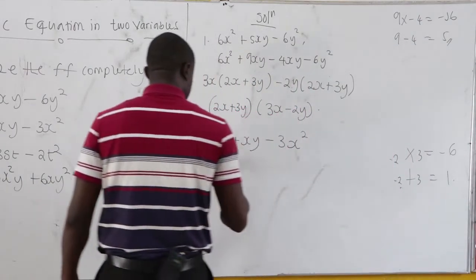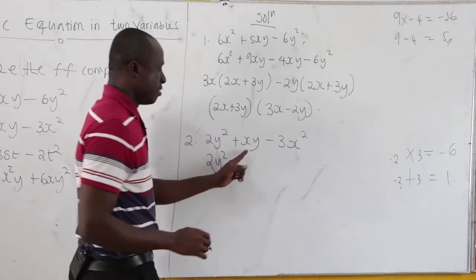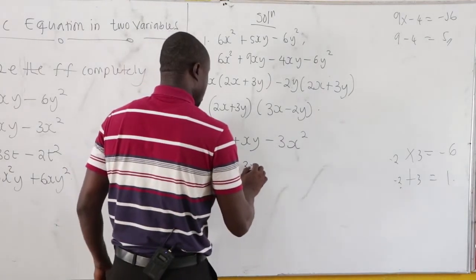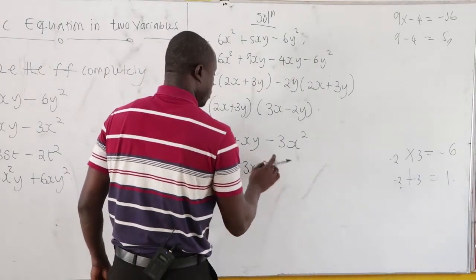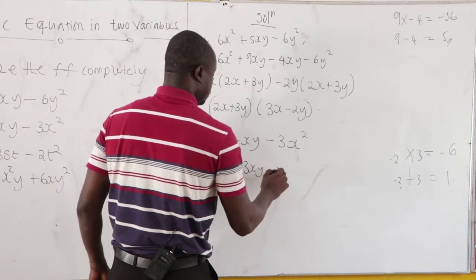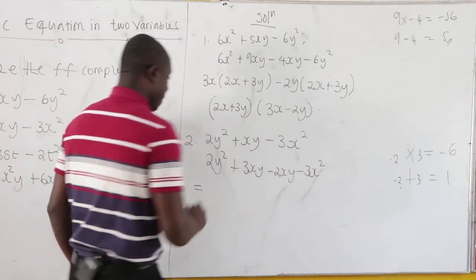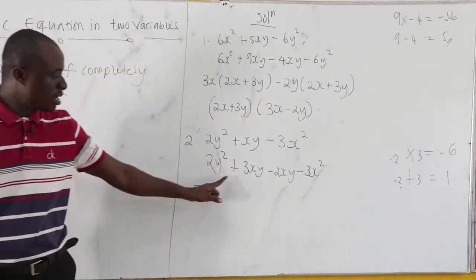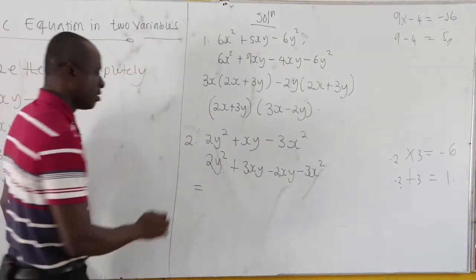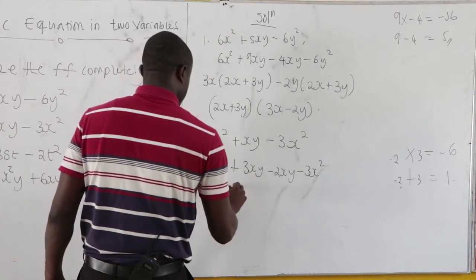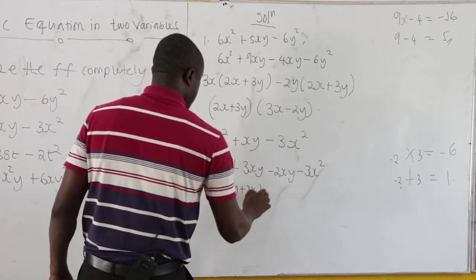So we have 2y squared plus 3xy minus 2xy minus 3x squared. Now let's see what is common. You can see y common here. We can bring the y out, and we have 2y plus 3x.